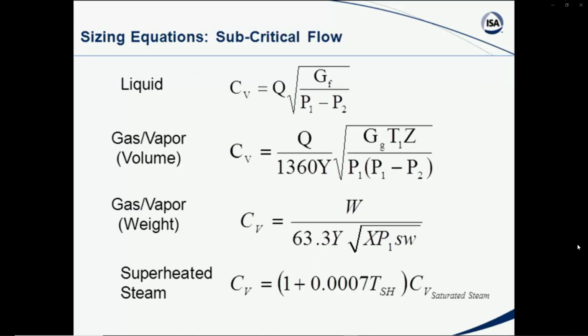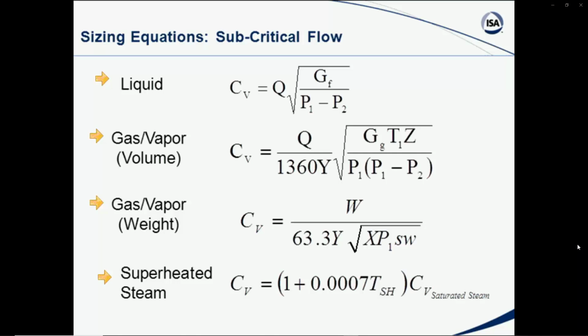Now, this is the summation of the equations. These will be in your summary of equation booklets that I have sent to you by email, those of you that requested. These are found in a section in that booklet. This has the standard liquid equation, the gas and vapor by volume, the gas and vapor by weight, and then the correction for superheated steam, which is a very simple correction.